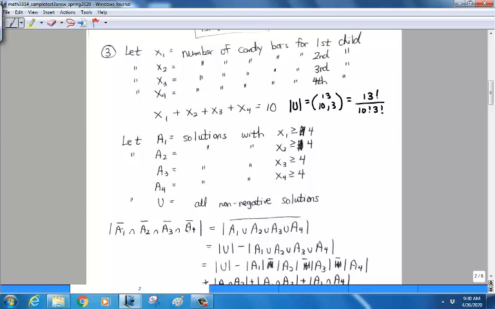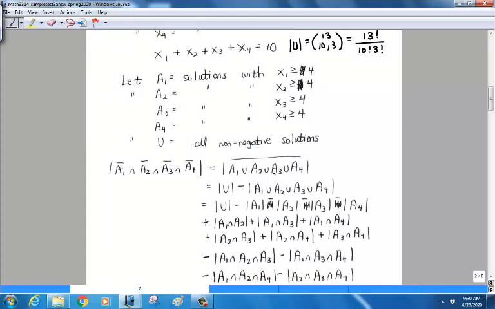So we're trying to count the intersection of these four complements. But by elementary set theory, that is the complement of the union of the four sets. So if we can count the complement of the union, we will have the answer to our original question.